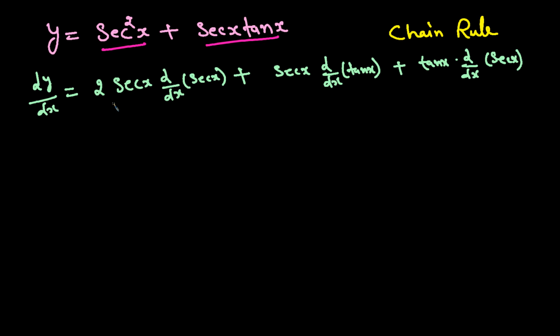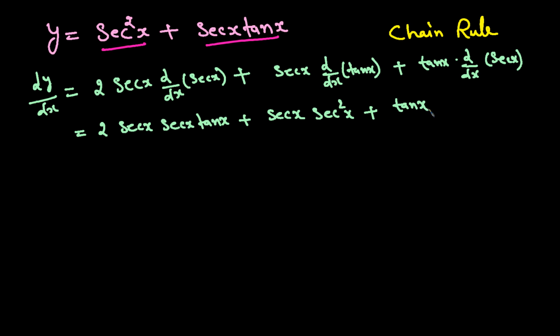Okay, so this gives me 2 secant x, and the derivative of secant x is secant x tangent x. That's why I ask you guys, please remember the derivatives of those standard trigonometric functions. And over here we got secant x, and the derivative of tangent x is secant square x, plus tangent x, and the derivative of secant x again is secant x tangent x.